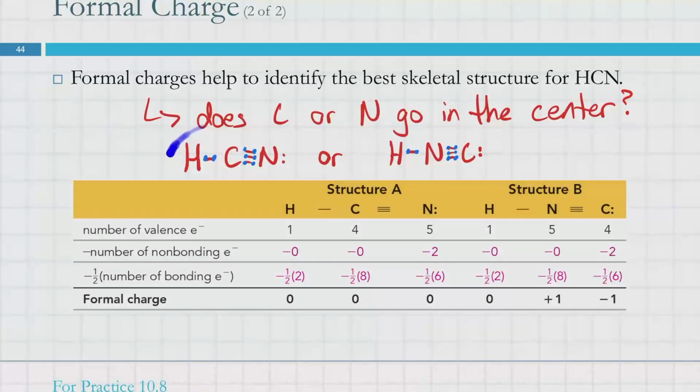So in structure A, hydrogen has 1. Then we've got our carbon in the middle with 4 dots. We've got our nitrogen on the end, 3 dots from the triple bond, and 2 from the lone pair.